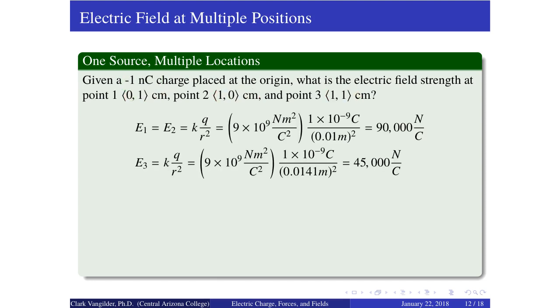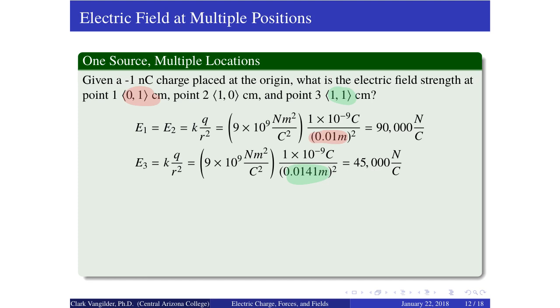So, the electric field at point 1. Notice here, each one of these is a single direction. 1 centimeter away, that's 0.01 meters. 1 centimeter away in X and Y direction is basically 1.41 centimeters.